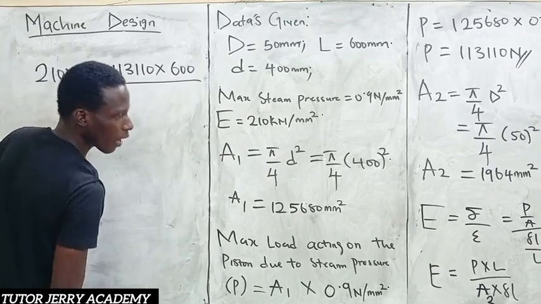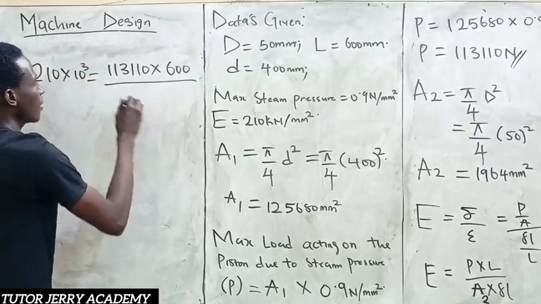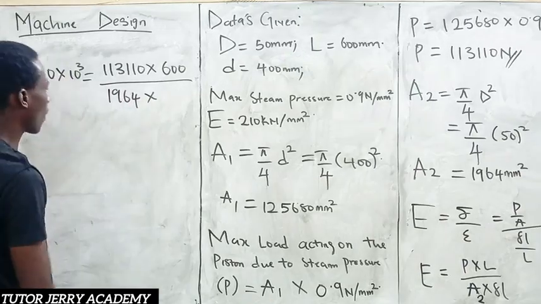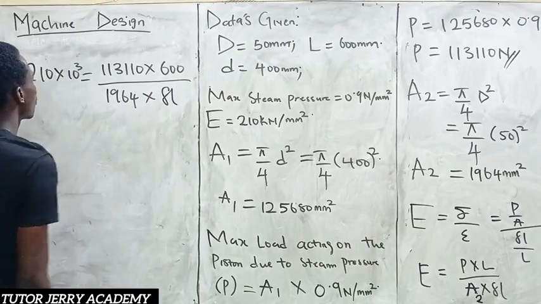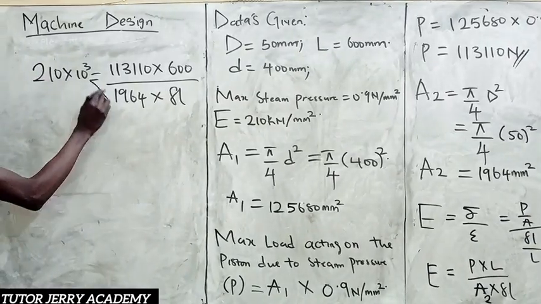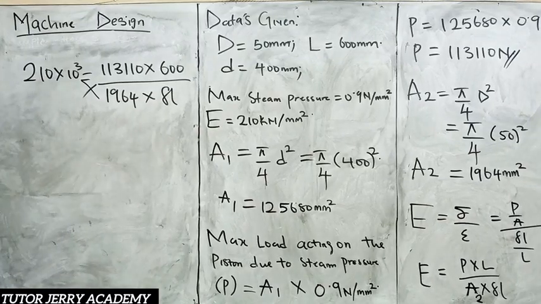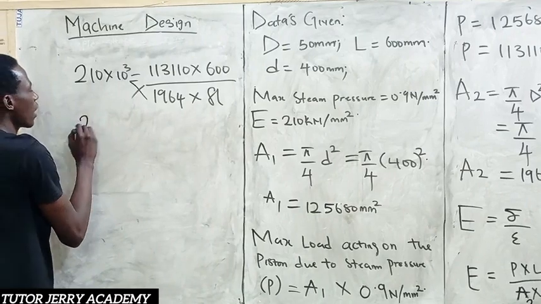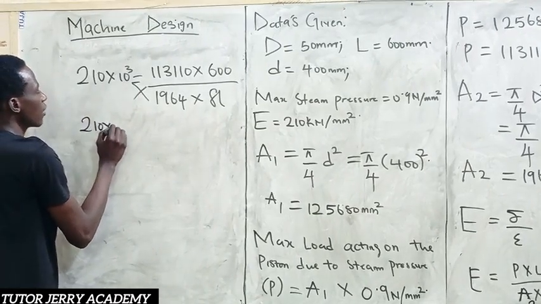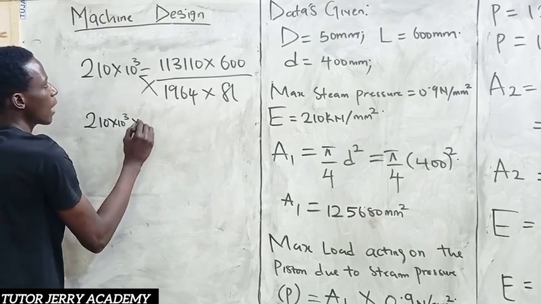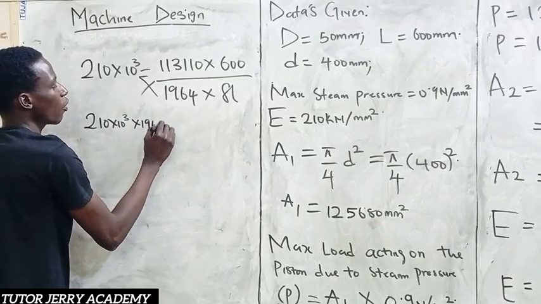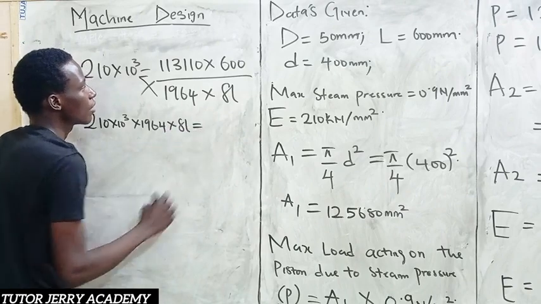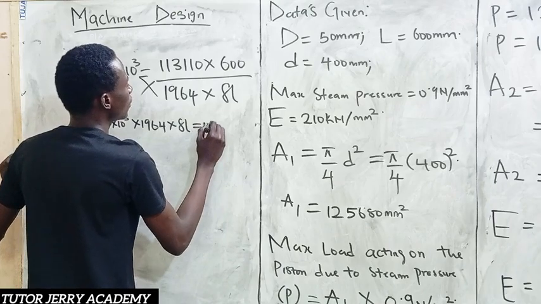This will be all over our area, which is 1964, multiplied by our change in length. So we can simplify in order to get our value for change in length. If we cross multiply, we have 210 times 10 to the power of 3 multiplied by 1964 times change in length to be equal to 113,110 multiplied by 600.